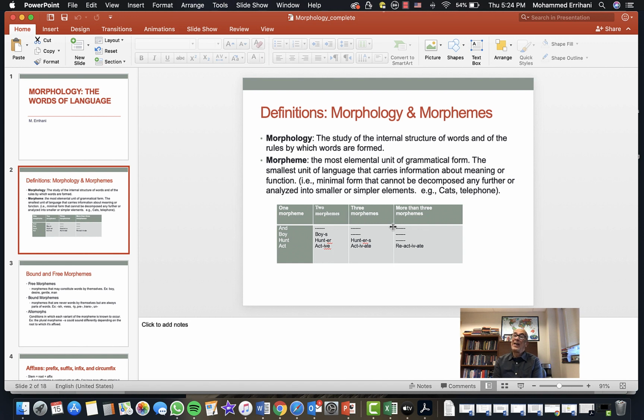And you can add an extra morpheme, and therefore you have reactivate. So therefore you have re, act, if, ate. Therefore you have four morphemes. But only one of these is the root, and the root is basically what we call the free morpheme, and that is the word act. Whether it's a verb or a noun, it can stand on its own.